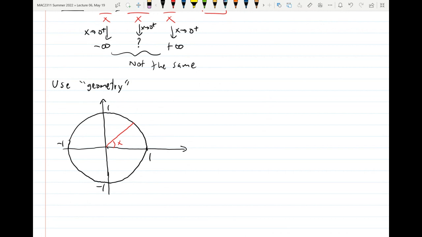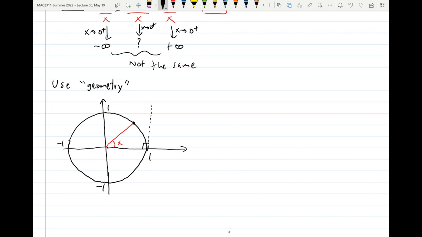So we have our angle, and it gives you a point here. Then I'm going to do the following construction. I'm going to draw the tangent line here, a perpendicular line to the x-axis, tangent to the circle.